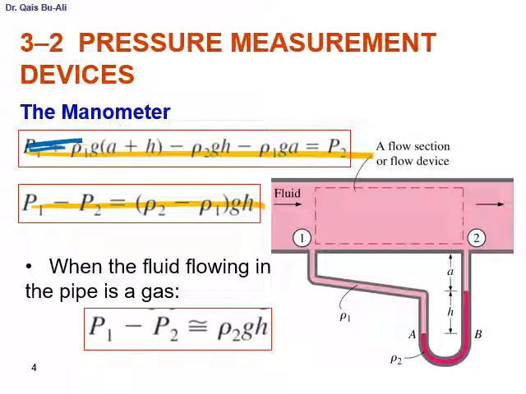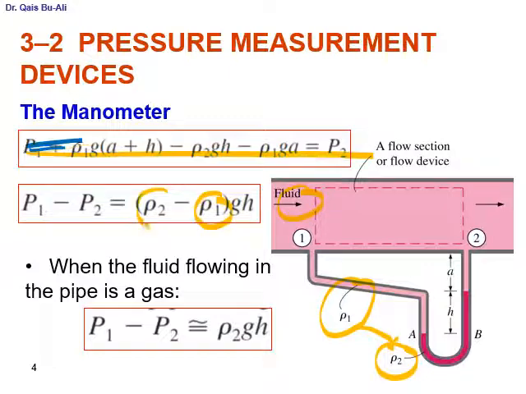Now, the question said, what if the flowing fluid is not a liquid, if it is a gas? If it is a gas, then the density rho 1 will be small compared to the density rho 2. Suppose, for example, this is mercury and this is air.